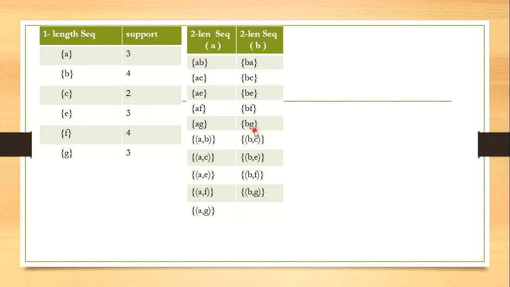That is the reason why we are not generating BA within the same transaction for B here. That was already generated with A.